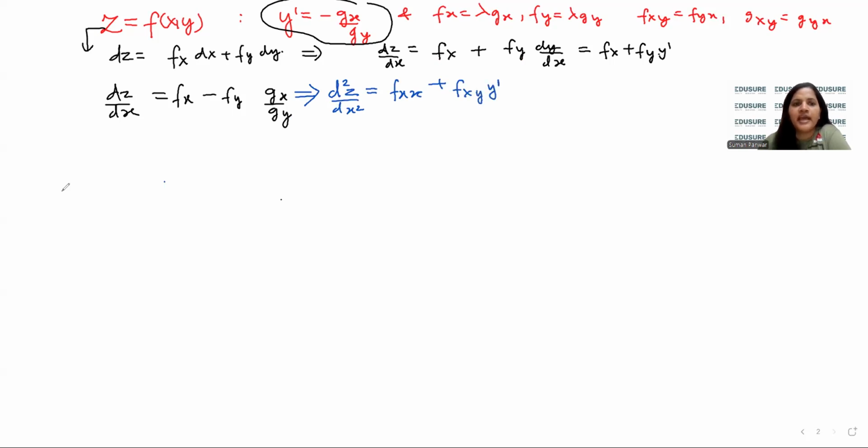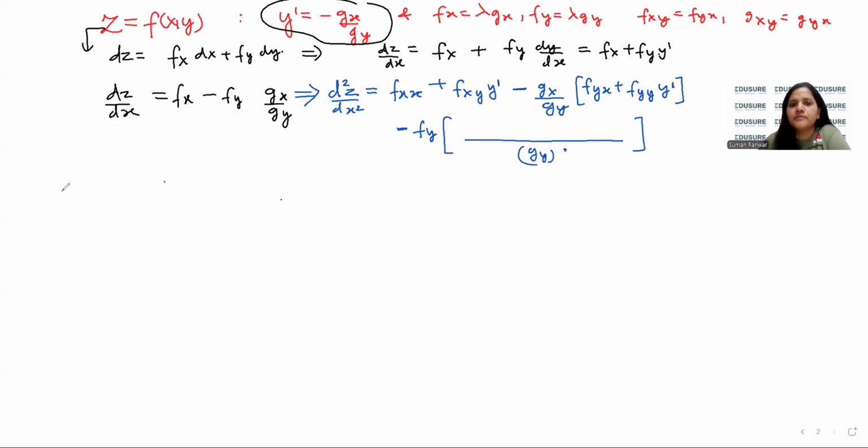Then we will have minus gx by gy common, and then we will have fyx plus fyy y dash. And then we will have minus fy common, and then quotient rule, so we will have gy square in the denominator. Now we will differentiate gx.